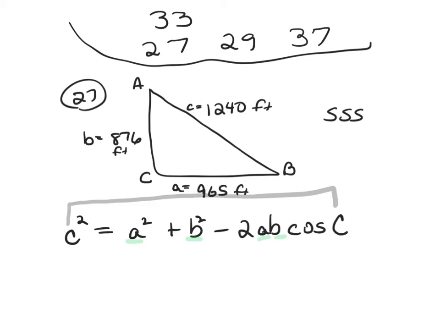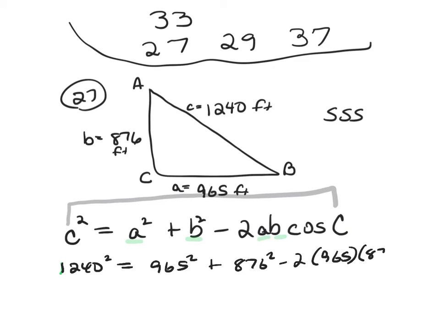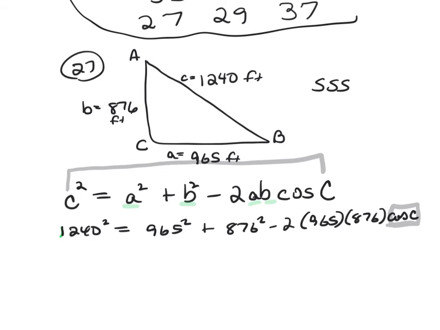So let me fill in what I have. 1,240 squared equals 965 squared plus 876 squared minus 2 times 965 times 876 times the cosine of C. Now, whenever we're doing this and trying to find an angle, I can't do this continuous in my calculator, so you have to be very careful.